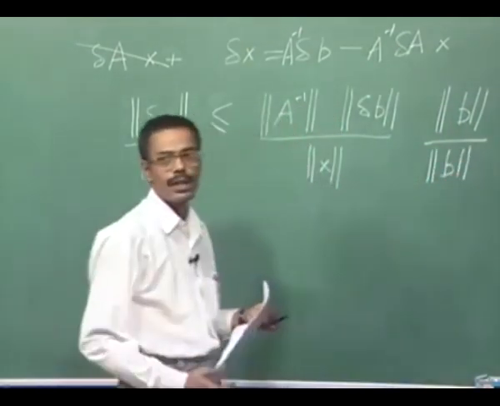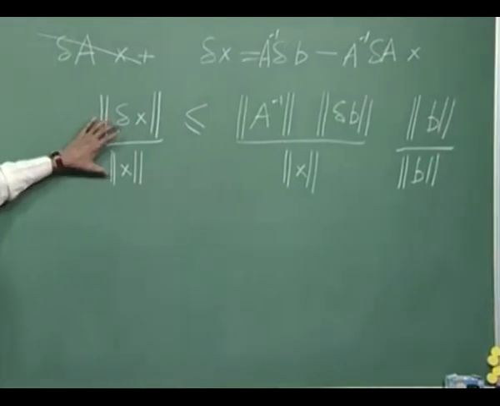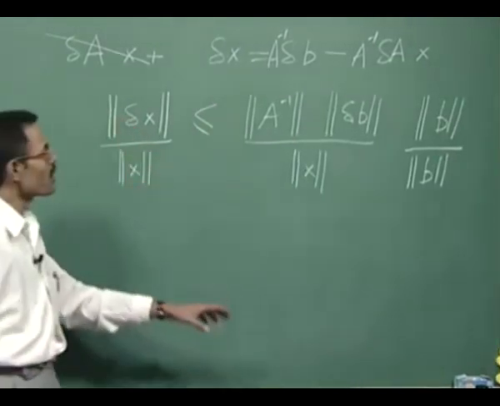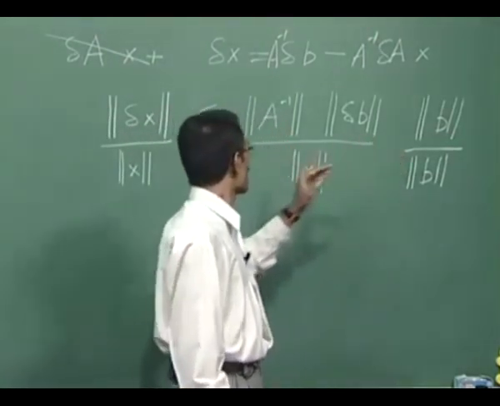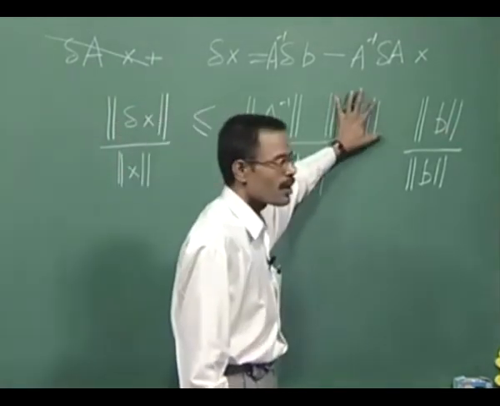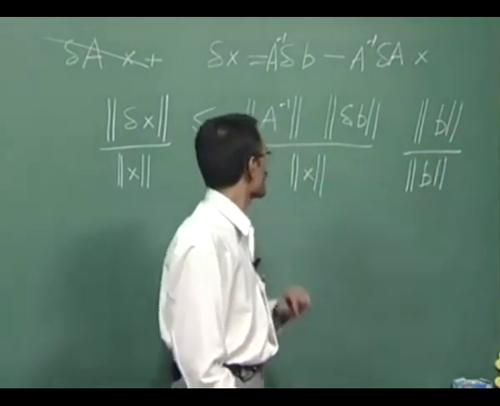Our intention is to compare the fractional change, the fractional error in x, to the fractional error in the data, that is b. So we will compare the norm of delta x by the norm of x with the norm of delta b by the norm of b. This is our intention.